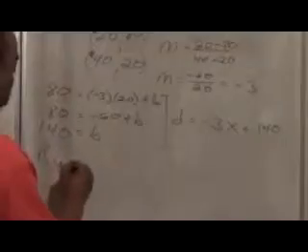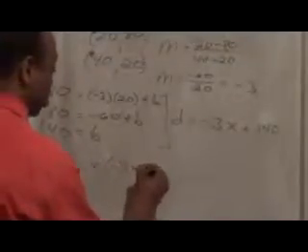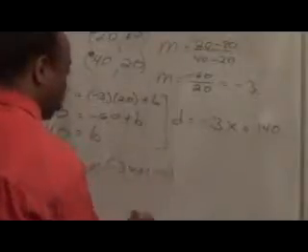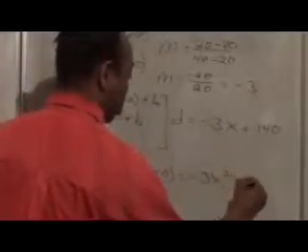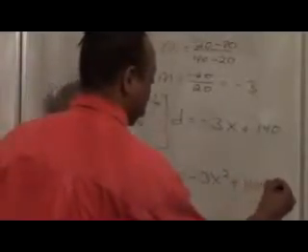Okay, so revenue will be a function of X, be X times negative 3X plus 140. This implies that revenue is negative 3x squared plus 140x. Now I'm going to take the derivative of the revenue function and set it equal to 0.